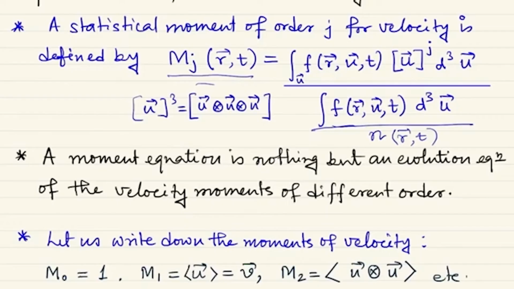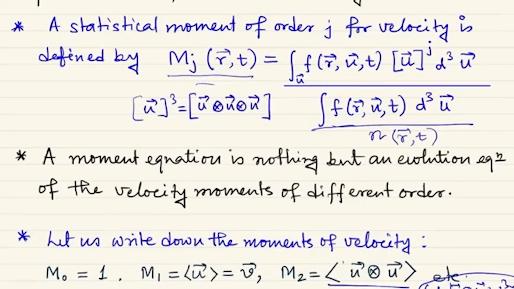Once again, when I use this angular bracket symbol, that simply says that this is integration in the velocity space f u tensorial u d cube u by n. So if I just want to have this integral, that will be n times this angular bracketed thing.